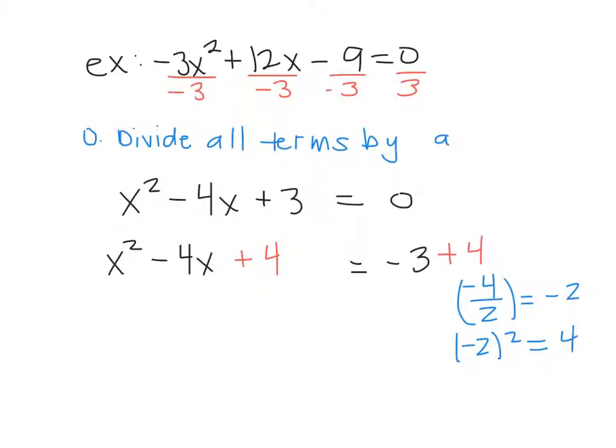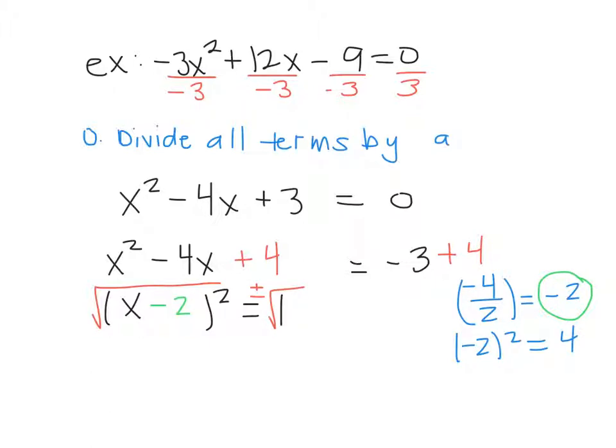That allows us now to write the left side in that form that we want. And we can combine those terms on the right side and we just get a +1. So we end up with x, and remember what we're putting in there is what we got when we divided b, or -4, by 2, so -2. So that's going to end up being x minus 2, squared. That gets us to where we want to be because now we can take the square root of both sides to solve for x.